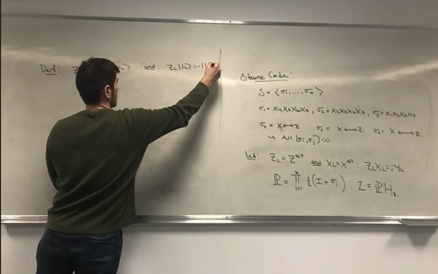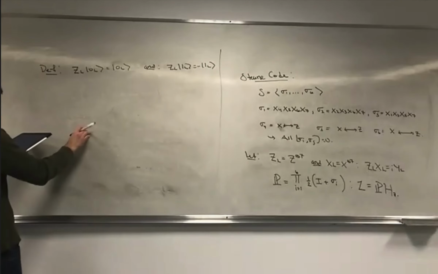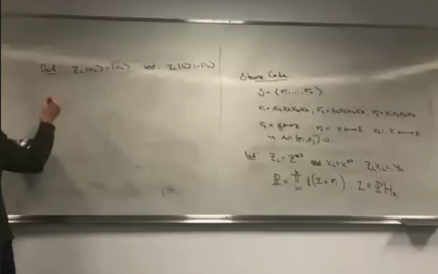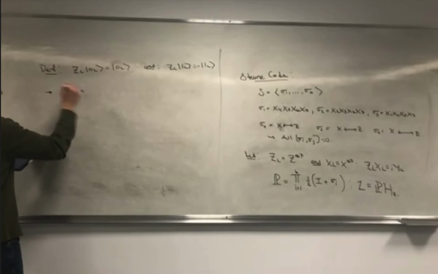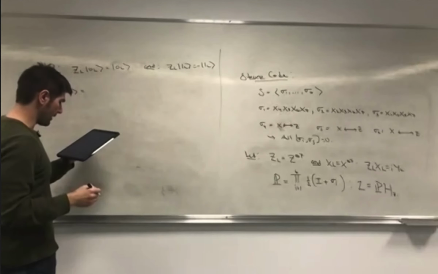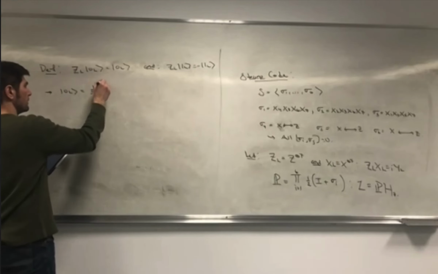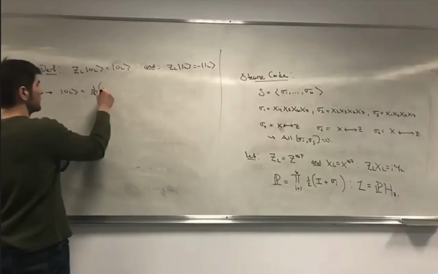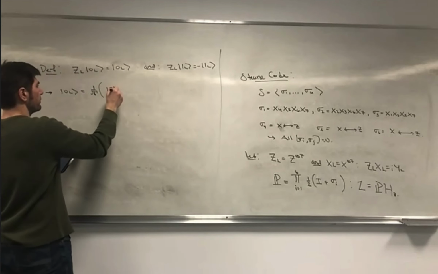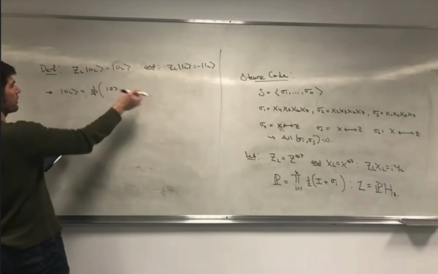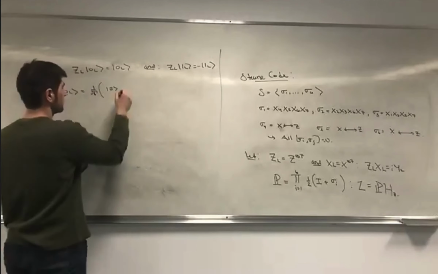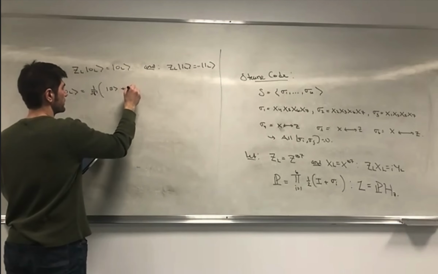So you can show that I can write 0_L in the following way. I will do this out explicitly, but it's well known. So 0 bar is 0 for all 7 qubits plus 1010 bar.